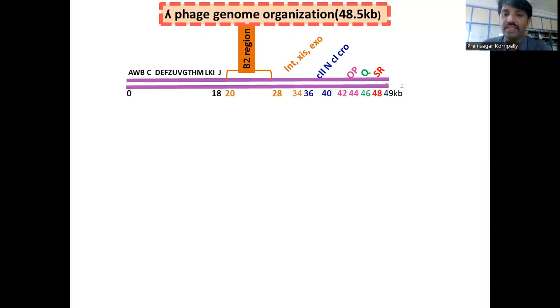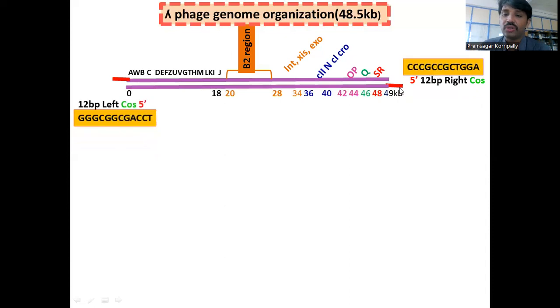And finally, you can see there are 2 cohesive or complementary single strands at the ends of the linear DNA molecule, called cos sites.